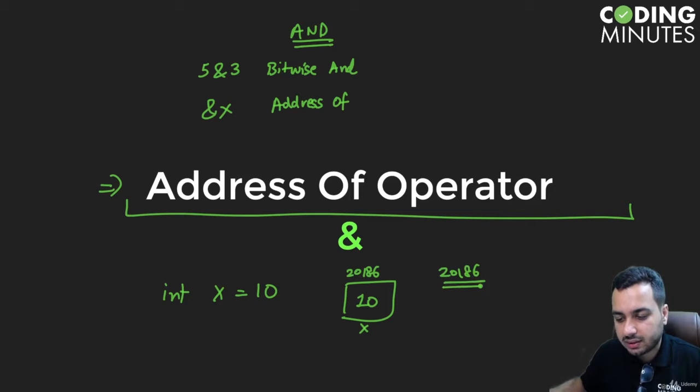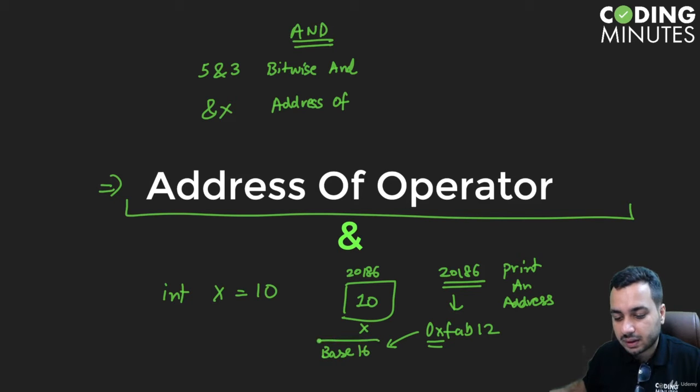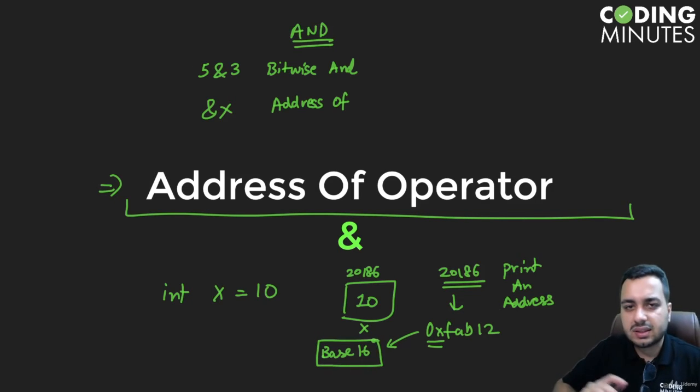Generally when you print an address, that number is printed as a hexadecimal number. So you may see something like 0xFAB. This 0x denotes it's a hexadecimal number, that means the base is 16. So we are just converting one integer that is in base 10 into base 16.